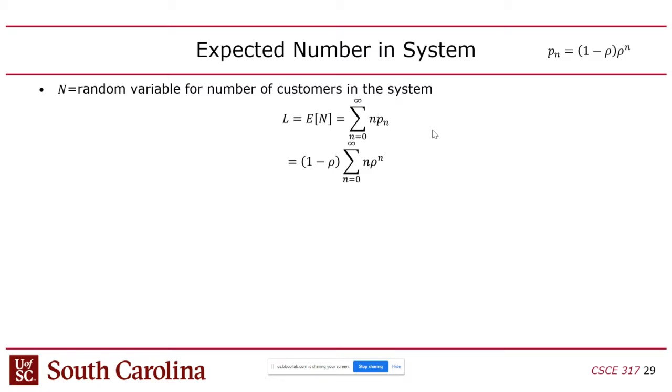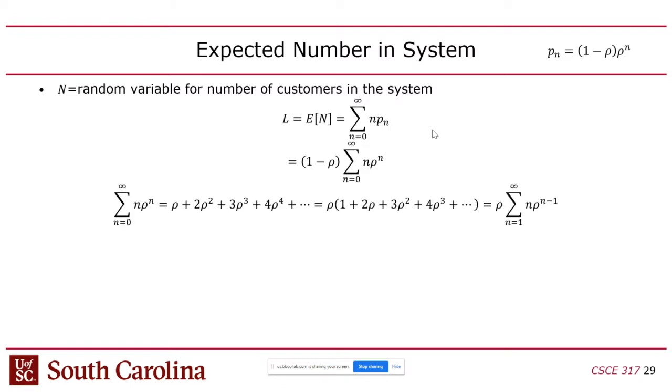P sub n is 1 minus rho times rho to the n. So we can substitute that in for P sub n, and you could take the 1 minus rho and take that outside the summation. So now we have 1 minus rho times the sum from 0 to infinity of n times rho to the nth power. And again, n is used for weighting the number of customers in there.